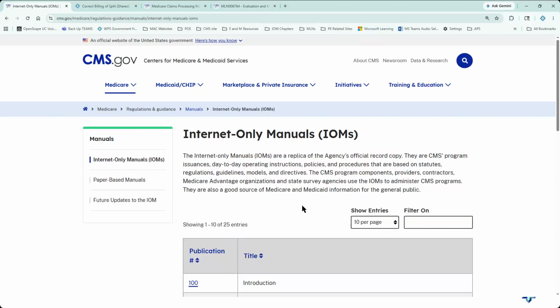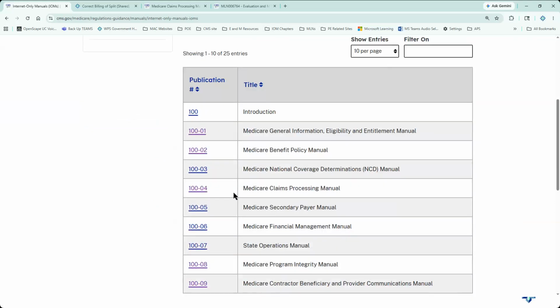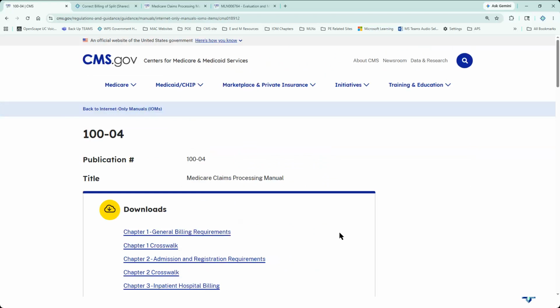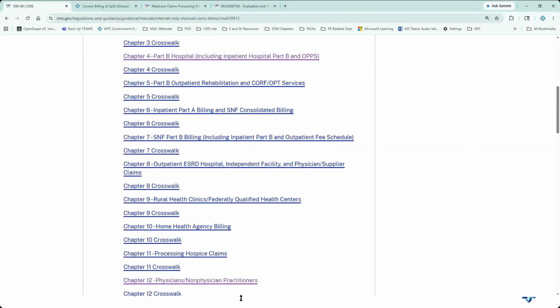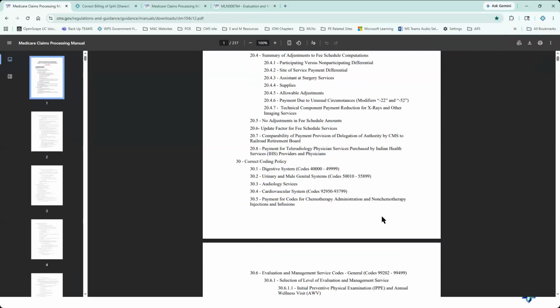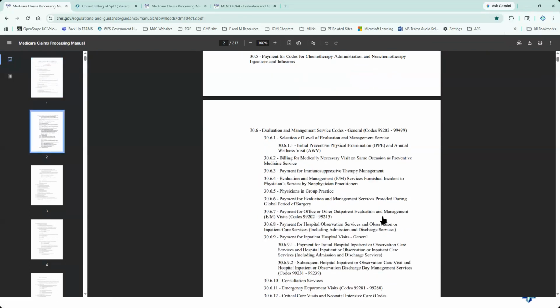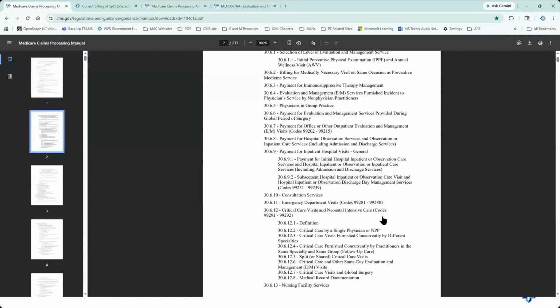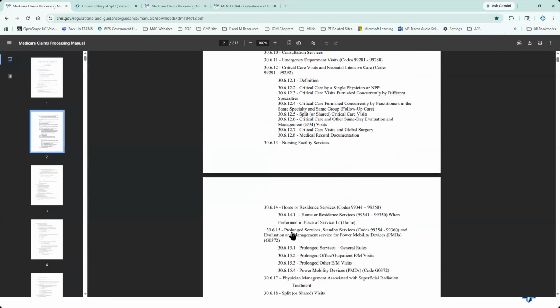And when you are here, you are going to look for the Medicare Claims Processing Manual. And then I mentioned Chapter 12. And here you are going to see prolonged care codes. And it's going to be 30.6.15.